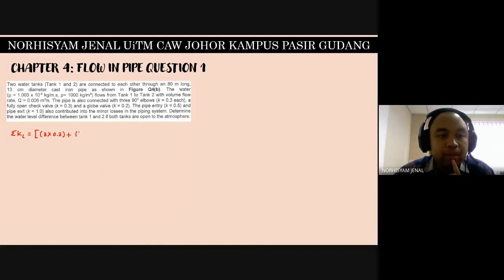So 1 times 0.3 plus a globe valve 1 times 0.2 plus a tee 1 times 0.5 plus exit 1 times 1.0.